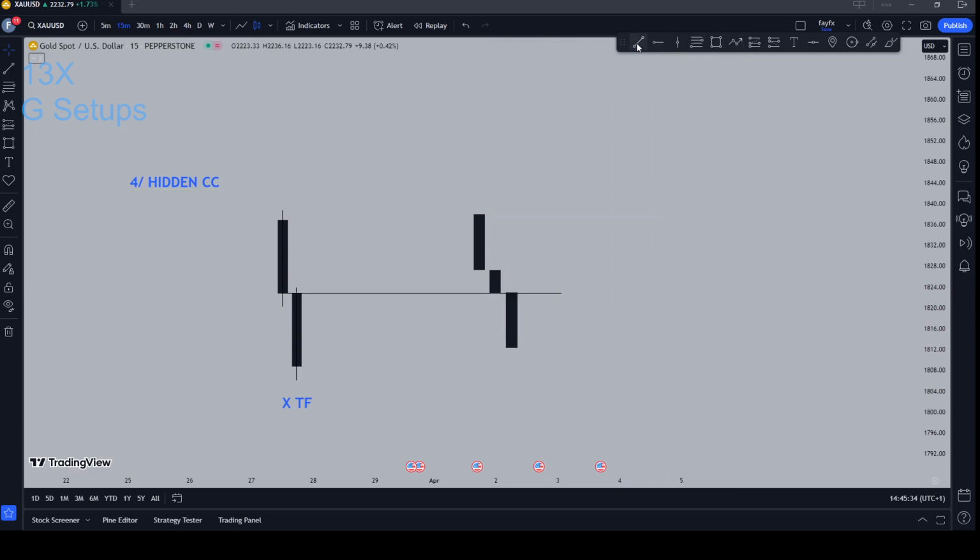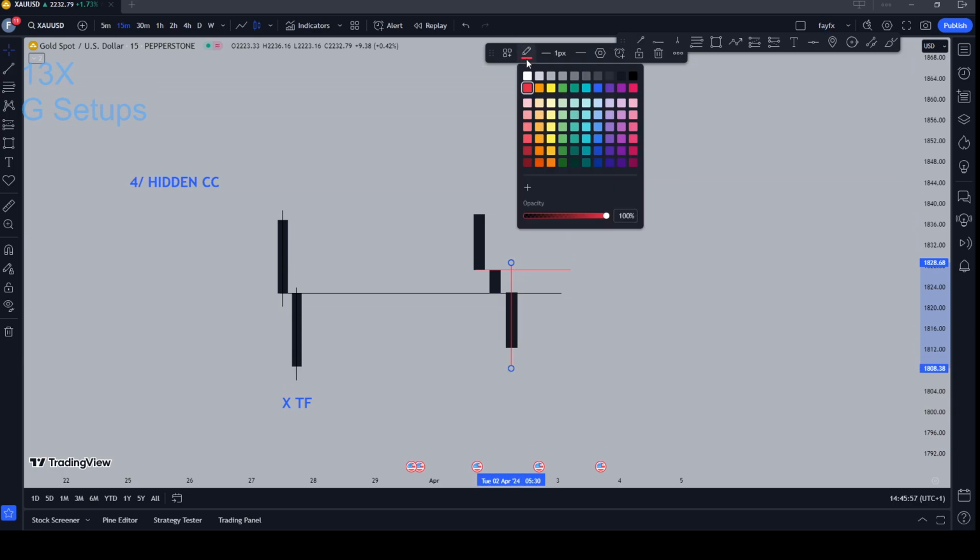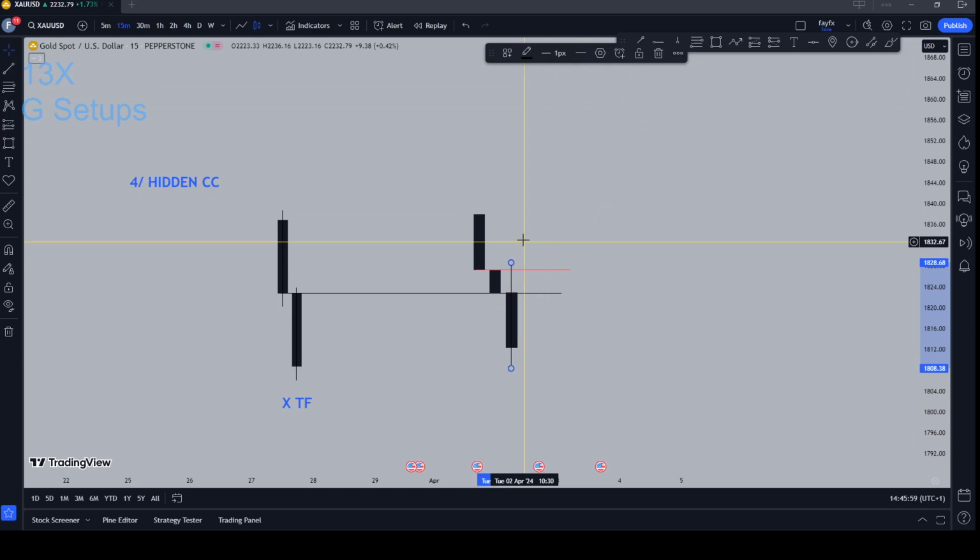But the thing is, there is a hidden CC here, just above for sells and just below for buys. We're going to find a gap CC just above that level. That's what we call hidden CC.